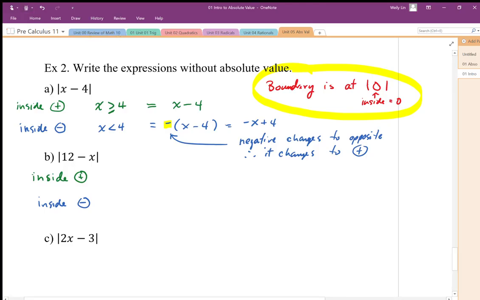So where's the boundary then? That's the key part. The boundary is where it's equal to 0, which is going to be when x equals 12. That's my boundary. Then I'm going to use that boundary to establish my domain.